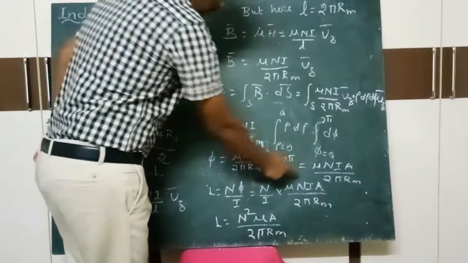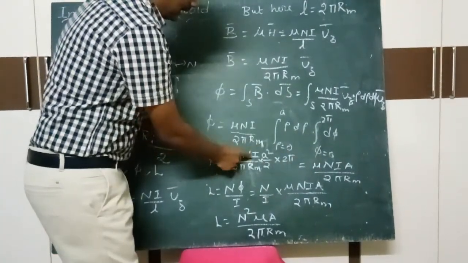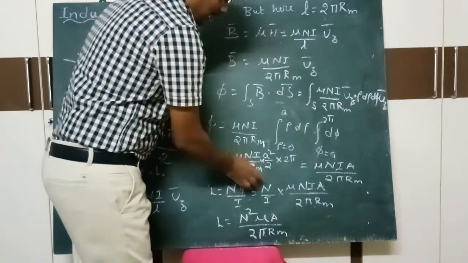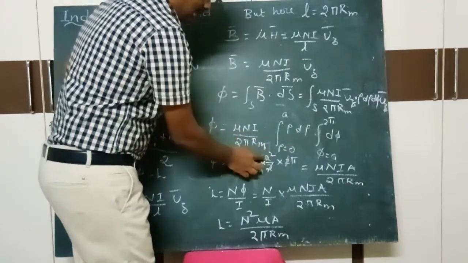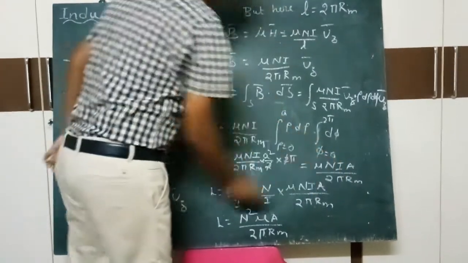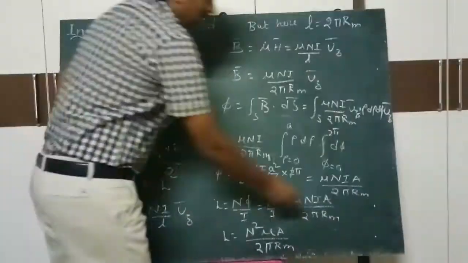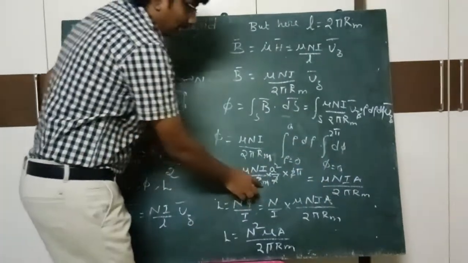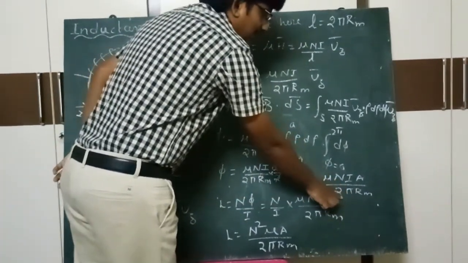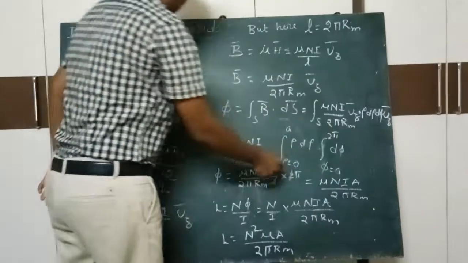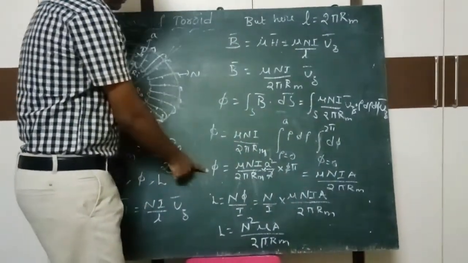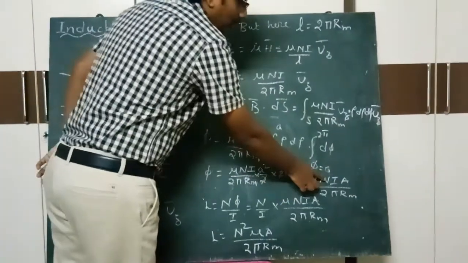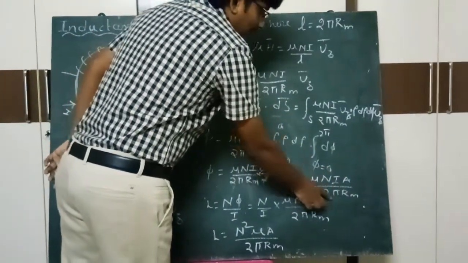So that is equal to mu into N into I, and this 2 and 2 cancel with each other, and pi a square is called the cross section area of the toroid, which is denoted by the letter capital A, divided by 2 pi Rm, which is called the length of the toroid, otherwise called the circumference of the toroid. From this, the flux produced by the toroid, phi, is mu into N into I into A divided by 2 pi Rm.